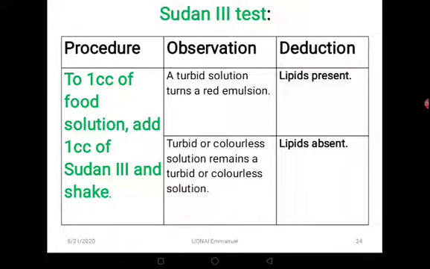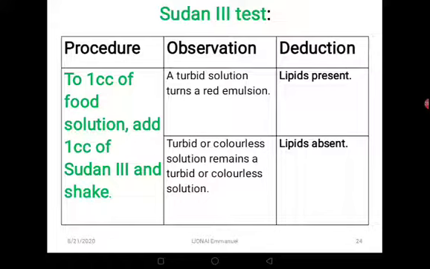So to start with the first one, the Sudan 3-dye test. The reagent, of course, is the Sudan 3 dye or the Sudan 3 reagent. The procedure is to 1 centimeter cubed of the food solution, add 1 centimeter cubed of Sudan 3 dye and shake.